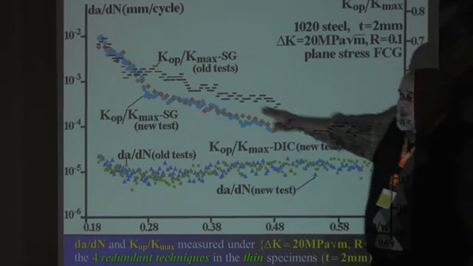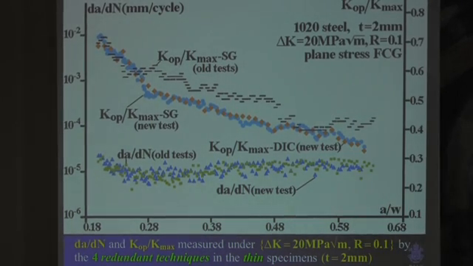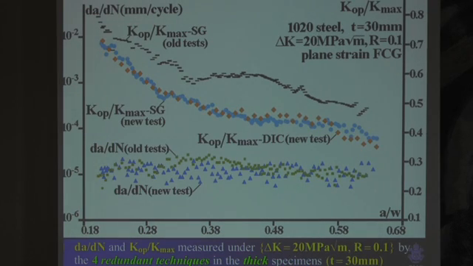However, a huge variation of the opening load measured along the crack path. There is no way I can claim this particular test was driven by delta K effective.